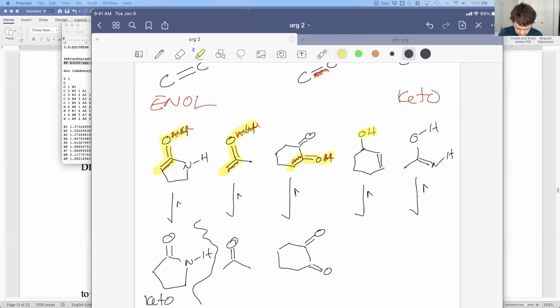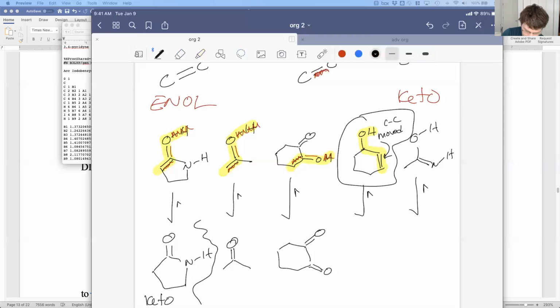Now we come over here. We're going on, oh, wait. Fourth one was a trick. Okay, in this fourth one, what we see is that the double bond has moved. So this structure is fine. This is not an enol. The alkene is not directly on the enol.